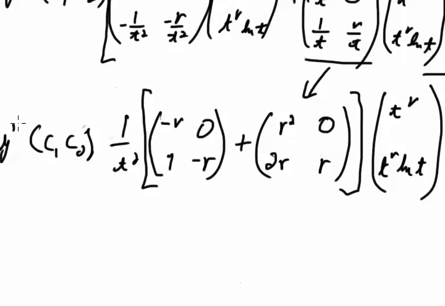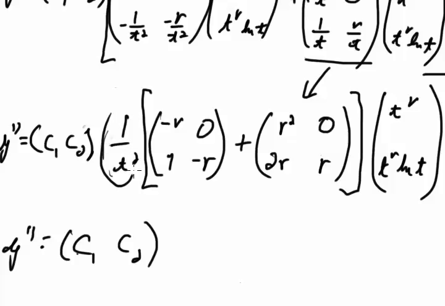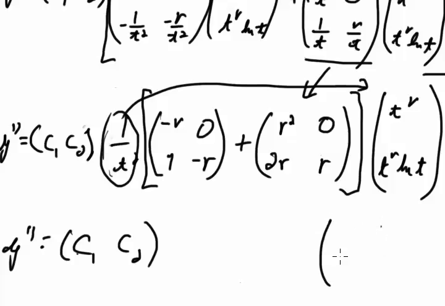We can simplify it a little bit more. Y double prime equals c1 c2. I can actually multiply this through, so this will be t to the r minus 2 and t to the r minus 2 natural log of t. I shouldn't even do that.